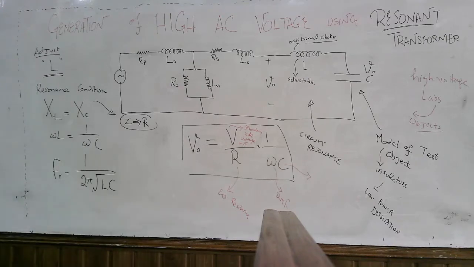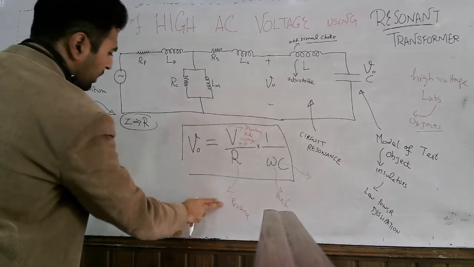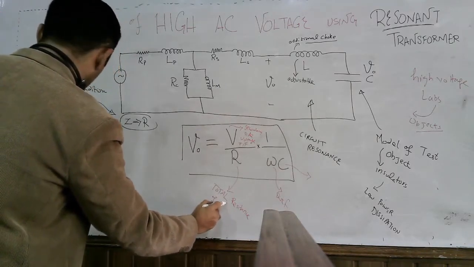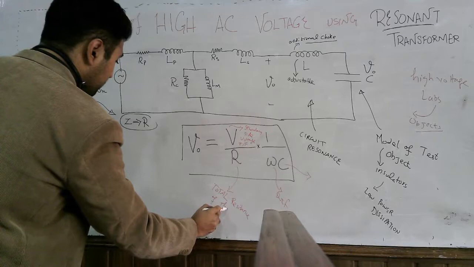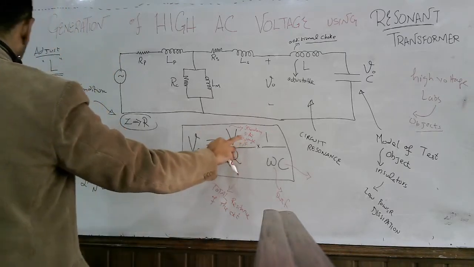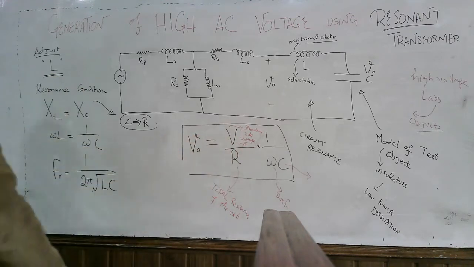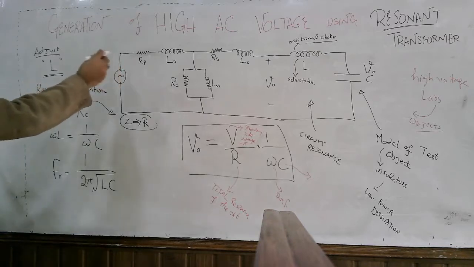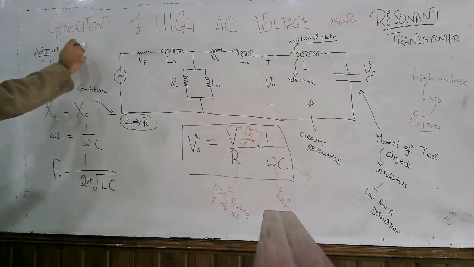Now for a moment, please stay focused on this circuit. R, you can say, is the equivalent resistance, or the total resistance of the circuit, and V is the secondary side rated voltage. Let's say this transformer is operating at 50 Hertz.